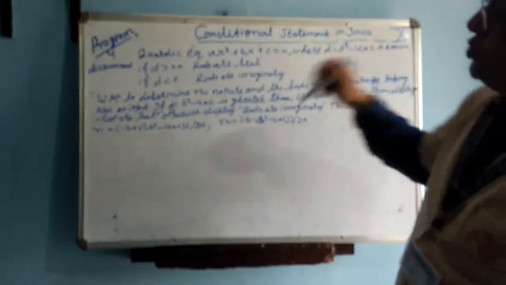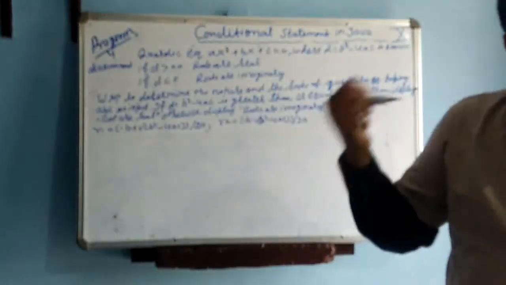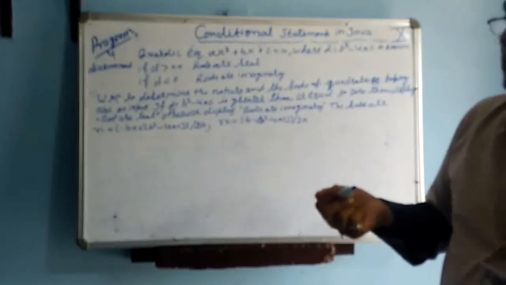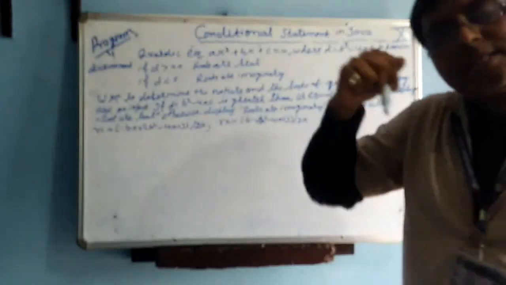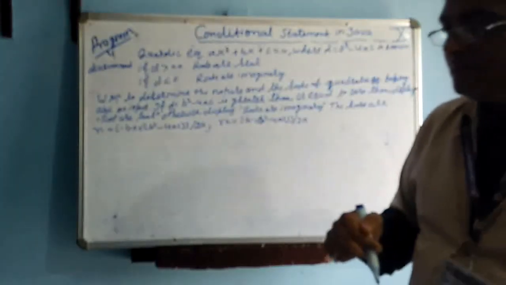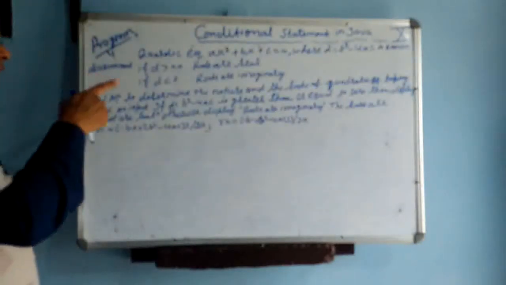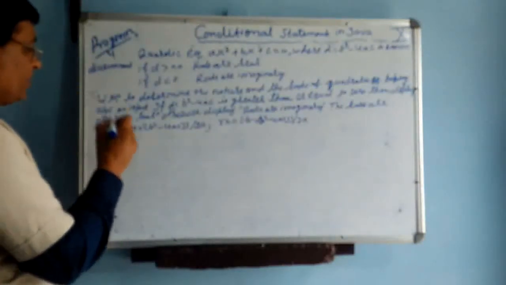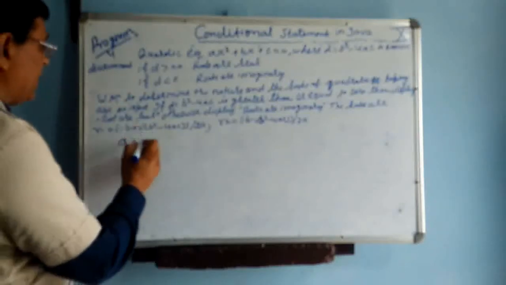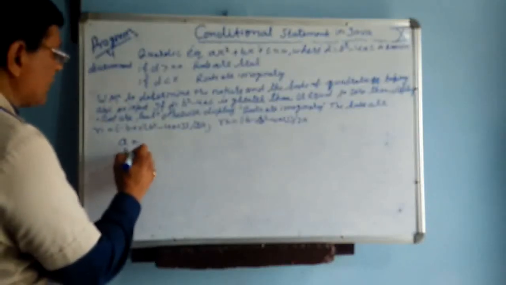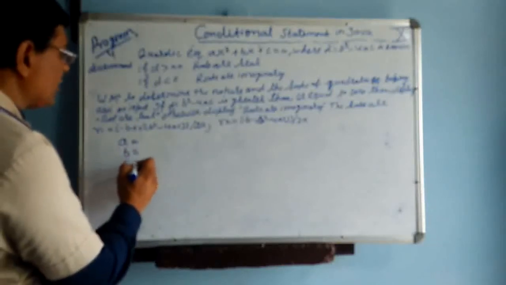Now how will you use this condition in programming? First of all, I will explain according to the math, then you can understand well. First of all, we have to enter the values of a, b, and c.